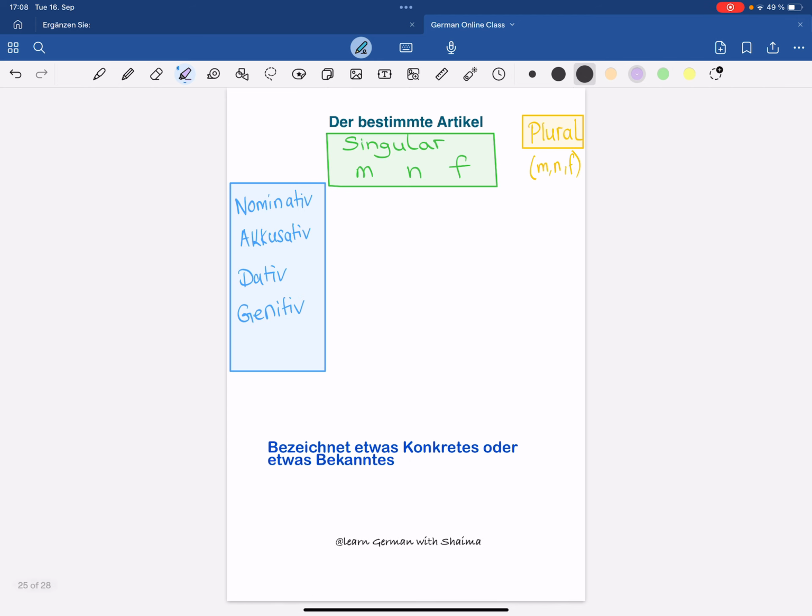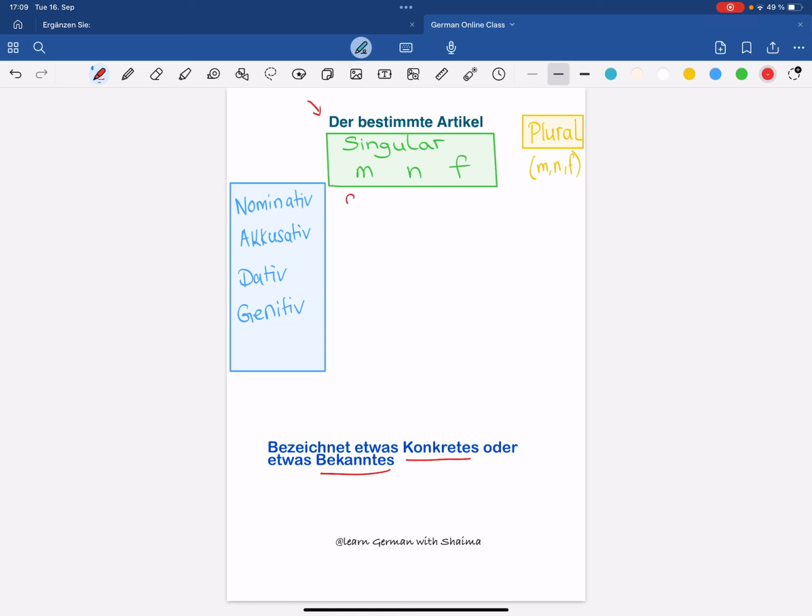The bestimmte Artikel is used whenever you are talking about something very concrete, or something which you already know about. Then you always use the bestimmte Artikel. We have already learned about the nominative: der, die, das.